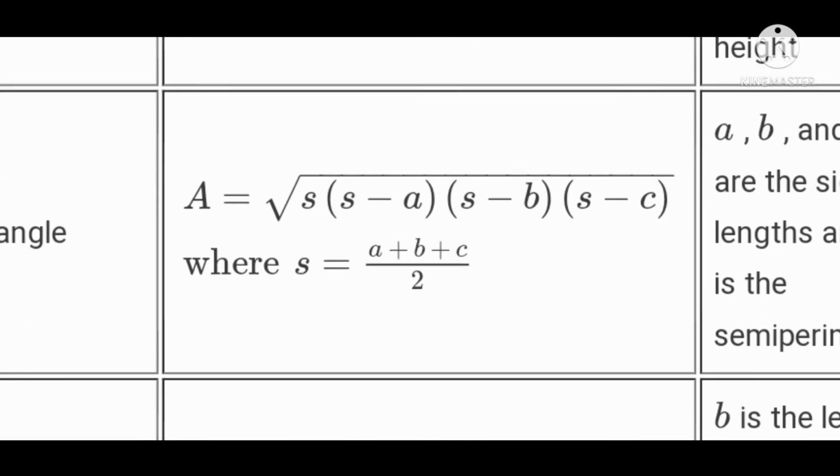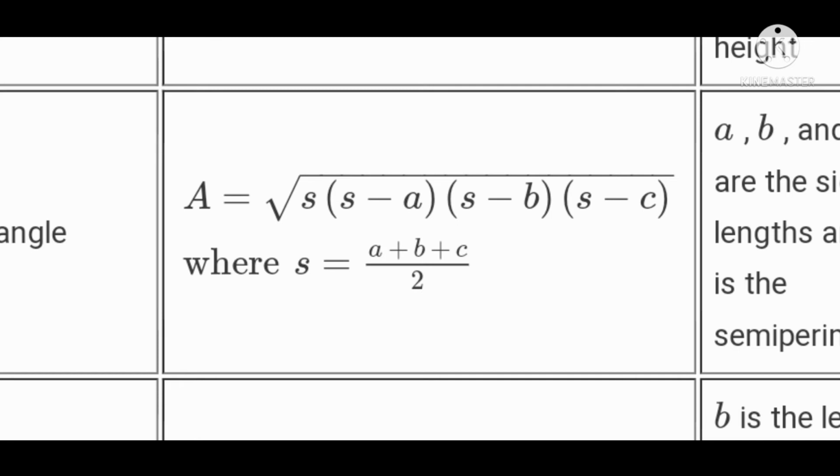When the shape is a triangle, the formula is also A equals the square root of s(s minus a)(s minus b)(s minus c).